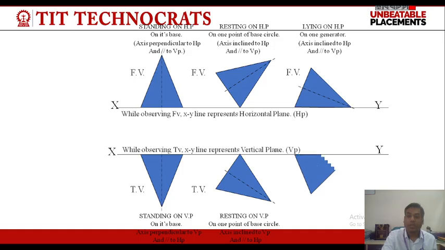And in the third case, the slant edge is resting in VP or slant face is resting in VP and the axis is inclined to the VP. Okay. So, while drawing the projection of solids, any one of these cases may be given in the problem, which we have generalized in this PPT.